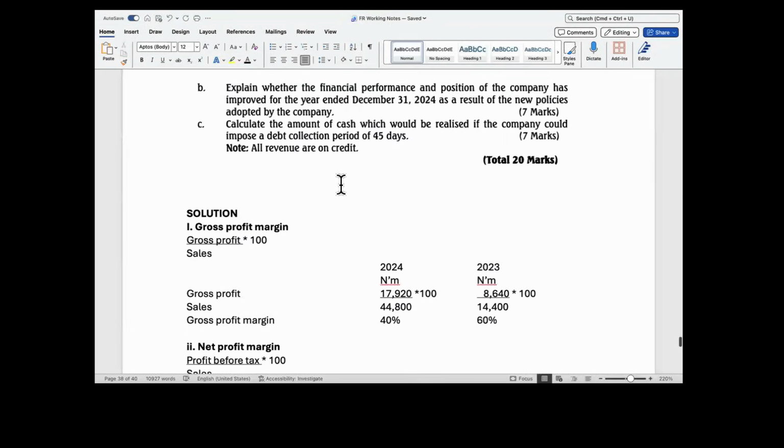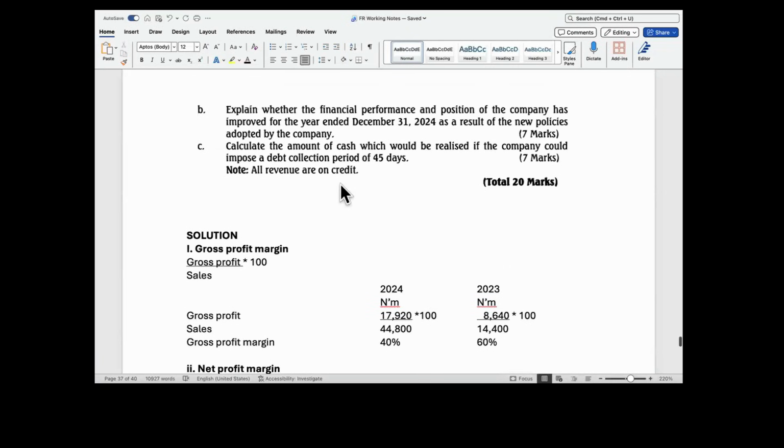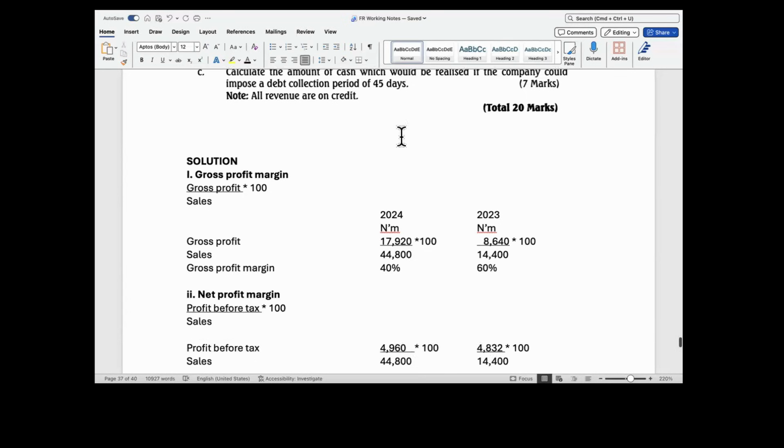So now let's learn how to analyze. You'll see that the examiner asks you to explain whether the financial performance and the financial position of the company has improved for the year ended 31st December 2024 as a result of the new policy.